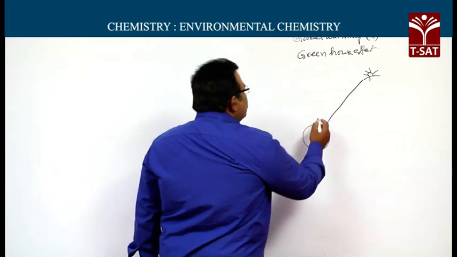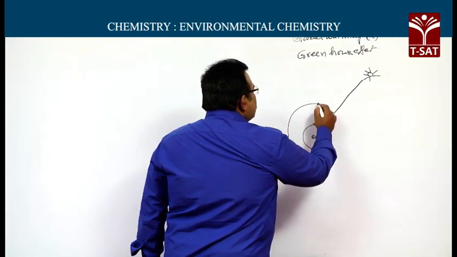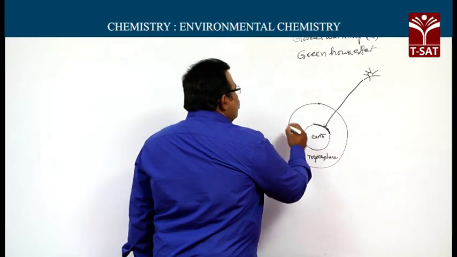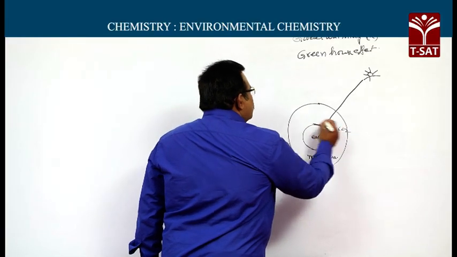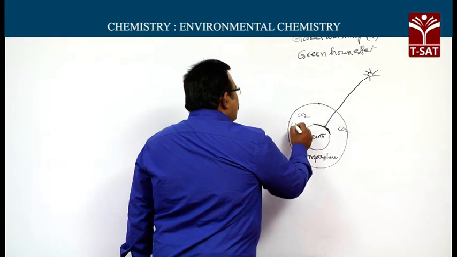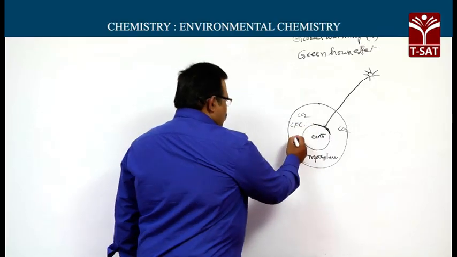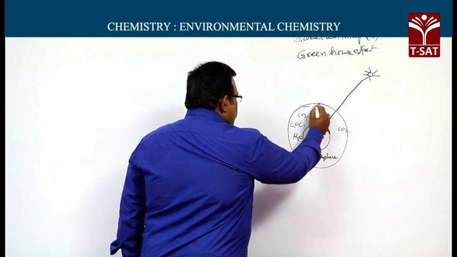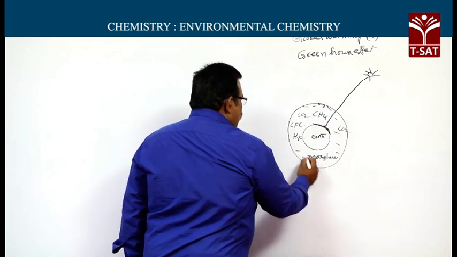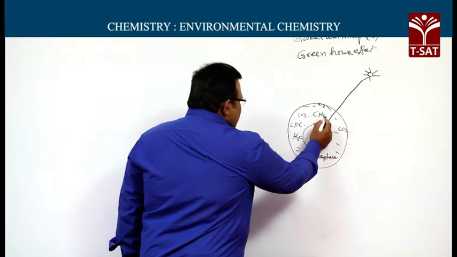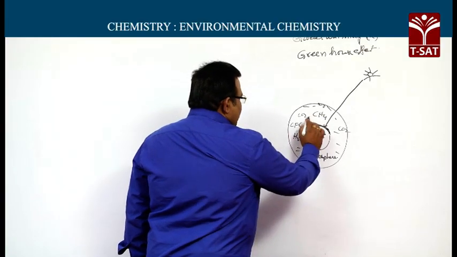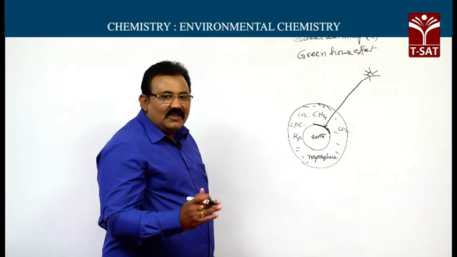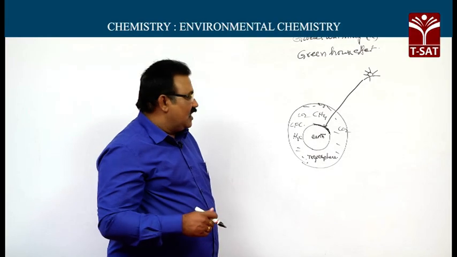If we talk about the troposphere, this is the troposphere. In the troposphere, greenhouse affecting gases like carbon dioxide, chlorofluorocarbons, water vapor, and methane are all present. These gases behave like the glass window in the car, as I said previously.